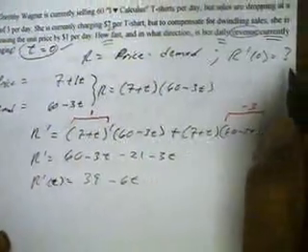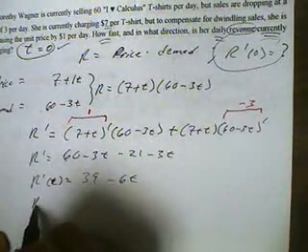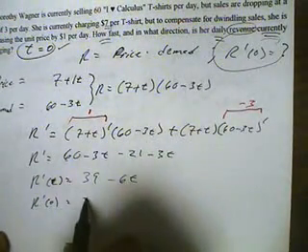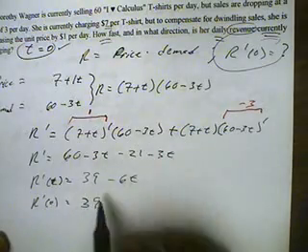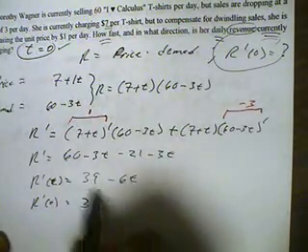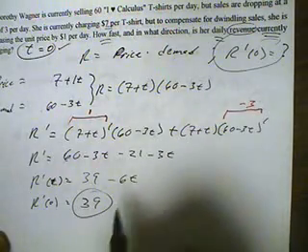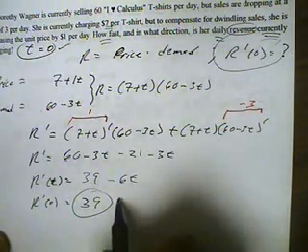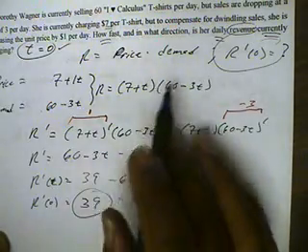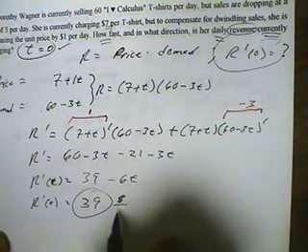And now we'll put in 0 for the current time, and we end up with 39, and that's positive. So how fast is it increasing currently? Oh, sorry, how fast is the revenue increasing? So $39 per day.